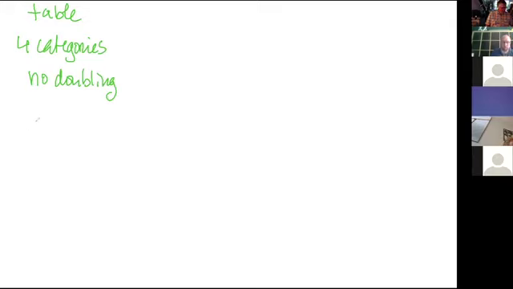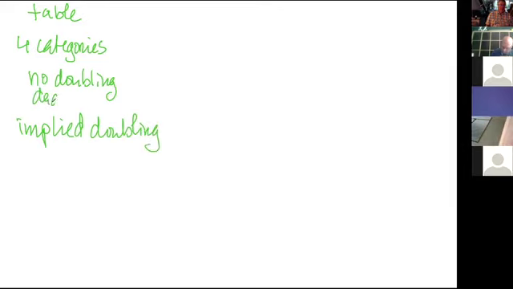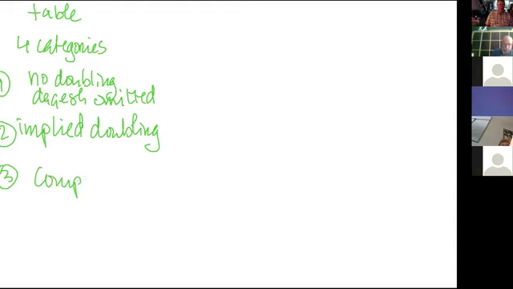There's a special word: implied doubling. This means no doubling because the dagesh is omitted. It's just as if the dagesh is not there. So this is 1. 2, 3 is compensatory lengthening.